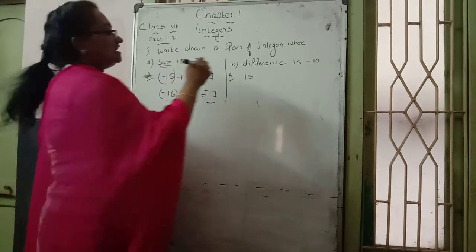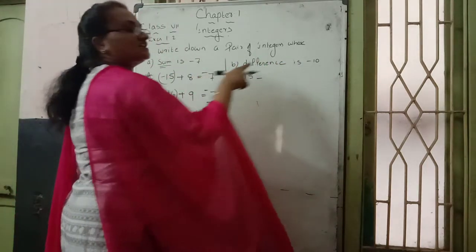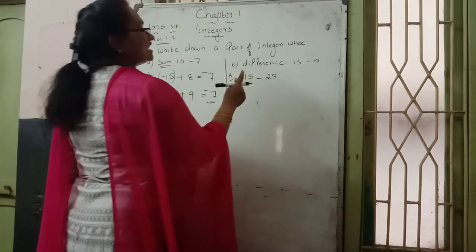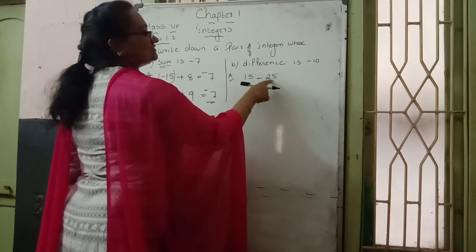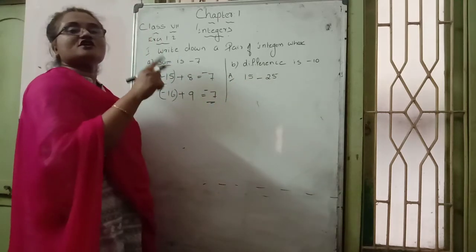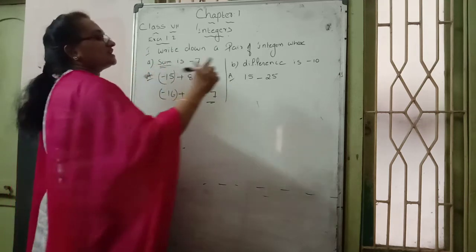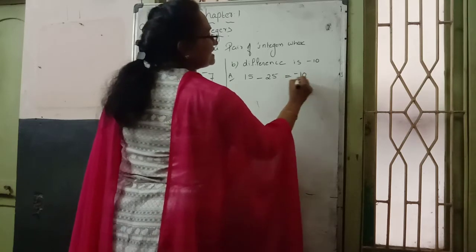Subtraction operation. That's why subtracted. Subtracted with which number to get minus 10? 25. 15 is positive, 25 is a negative integer. Opposite signs means subtraction. So 25 minus 15 comes to be how much? 10. Which 10? Minus 10 as the answer.